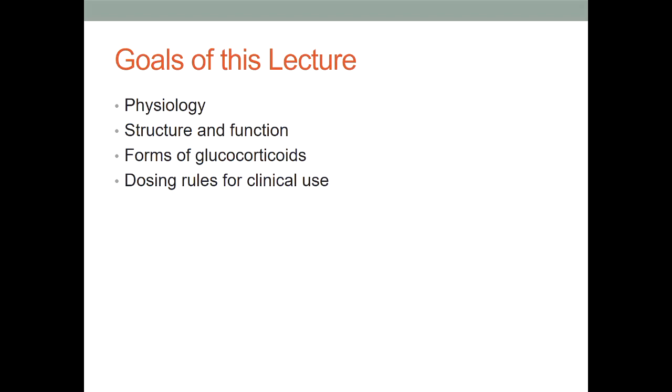You will never have to know what the structure of these drugs look like, ever. But it's good if you have an understanding of it. I certainly won't ask you about where a methyl group goes or anything like that, but it's good to understand how the drugs are a little bit different. So we'll talk about that briefly. We're going to spend some time on the different forms of glucocorticoids that you can use, and then the dosing rules for clinical use, which again, is walking around knowledge that you need to have as a doctor.